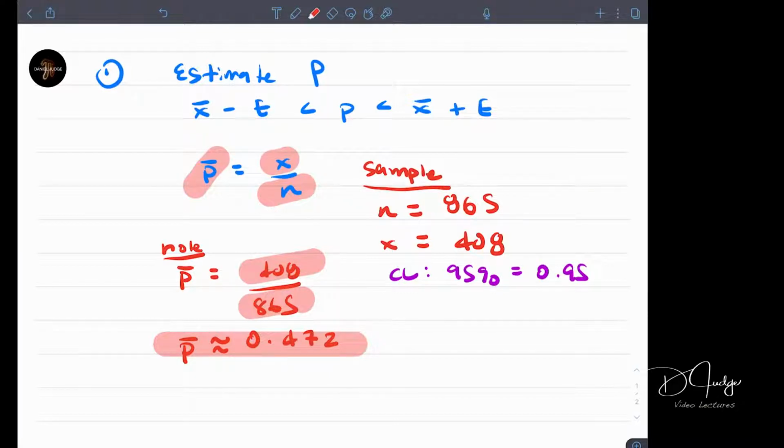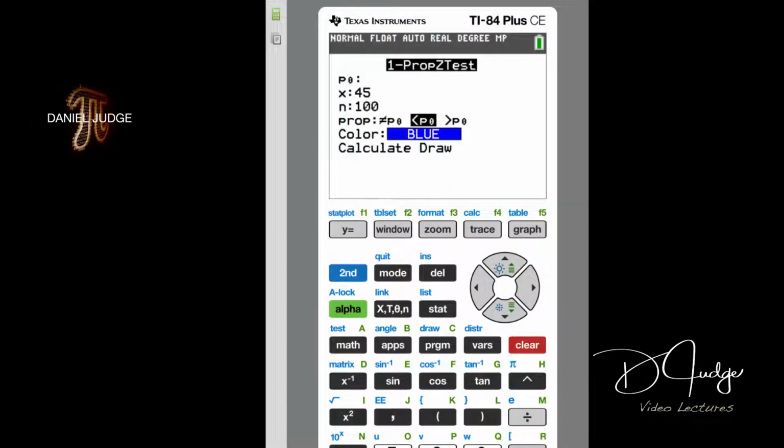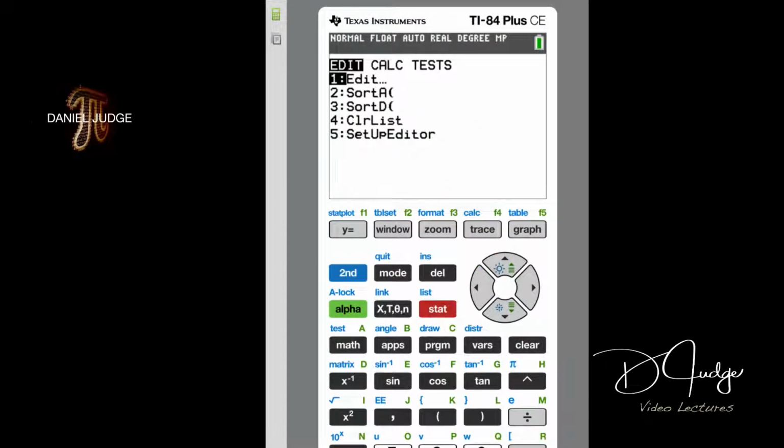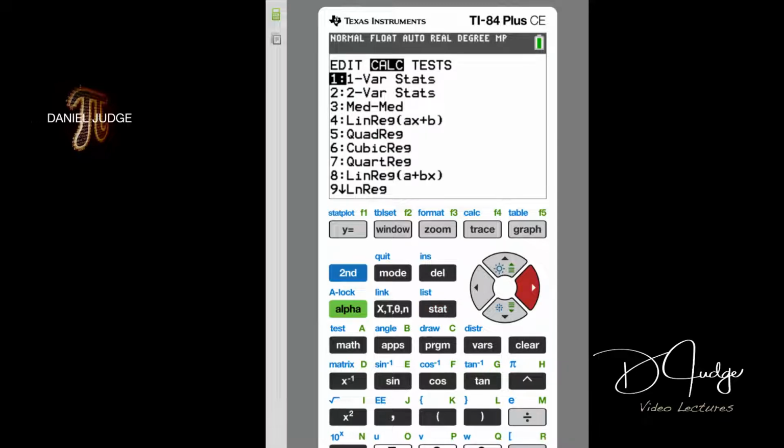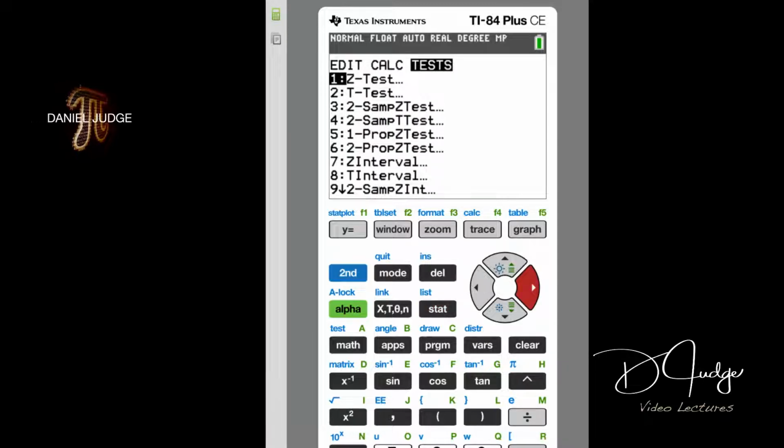Okay? So let's go to the TI now. And remember, this is going to be stat. And I believe it is calculate. This is estimate a what? A true proportion. So it's one proportion Z interval.